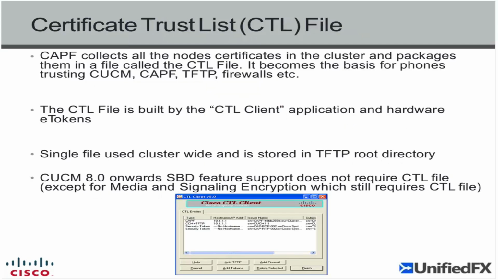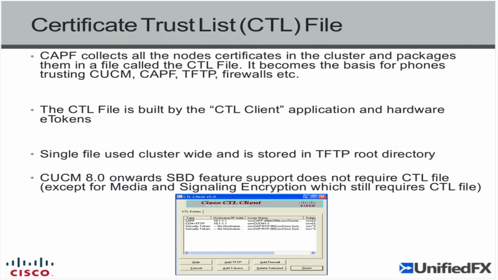So with that said, there are two types of security files we now need to understand. One has been there for a longer period than the other. The one I'm talking about is the certificate trust list. This is the file which gets downloaded on a phone the moment it tries to register with a Call Manager.